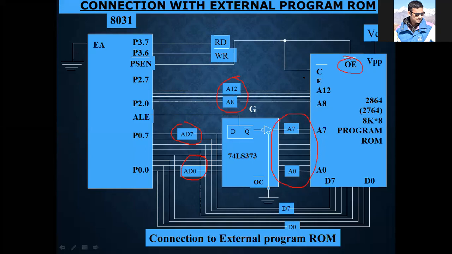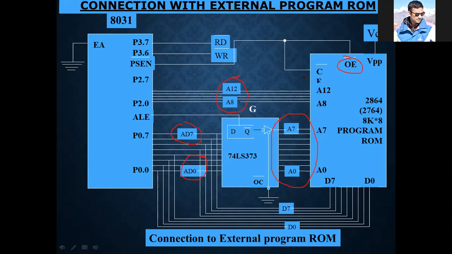So we have also discussed while discussing the architecture of the 8051 microcontroller that if a program length is 5 kilobytes, we cannot store 4 kilobytes on chip and 1 kilobyte in the external chip. We need to write the total 5 kilobytes of program in the external ROM, because on chip is only 4 kilobytes.